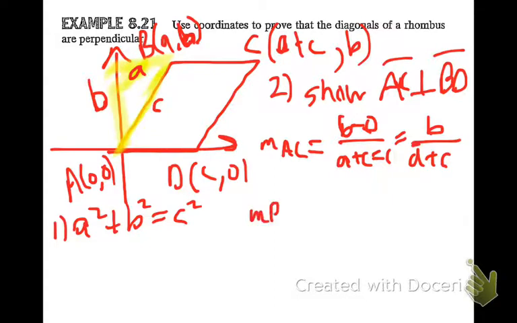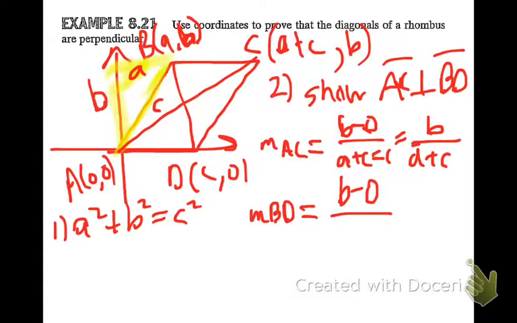The slope of BD is going to equal, let's see, from B to D, we figure out these slopes, B minus 0 over A minus C.